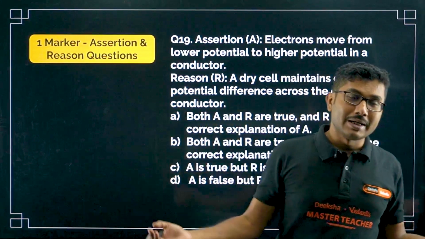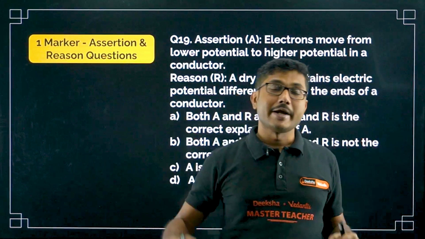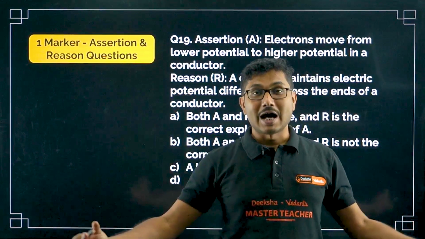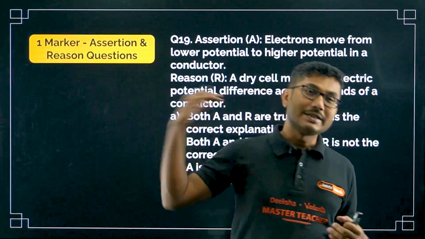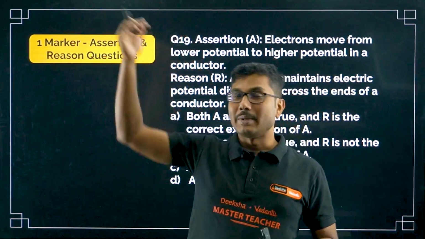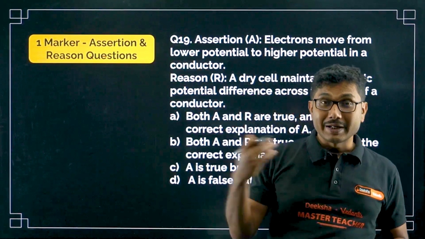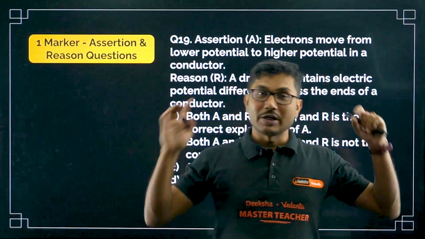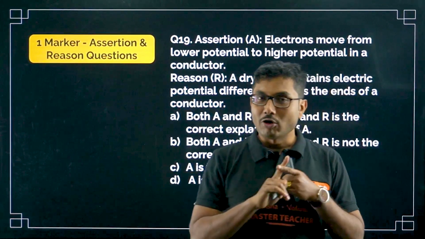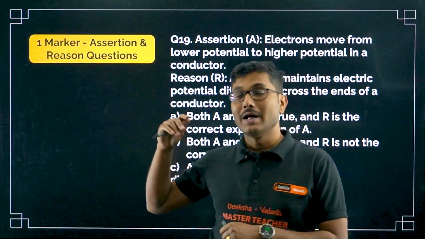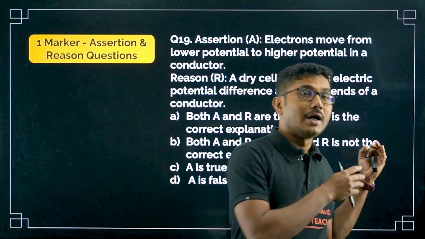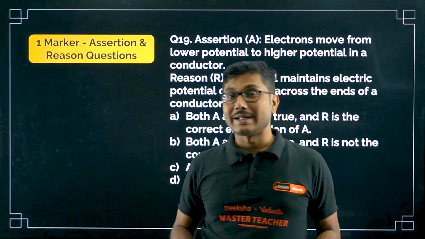That can be done by a dry cell, by an external charge that is present there, or by some distant electric field, maybe due to cosmic rays, whatever it can be. If there is an electric field, it is not necessarily due to a dry cell; it can be a wet cell, a lithium cell, or any static charge present there.